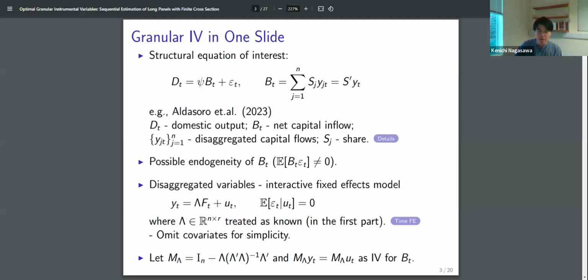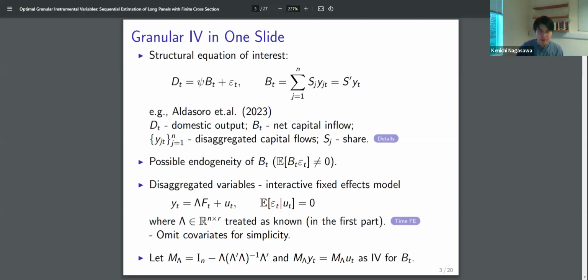Instead, what we do is to use the observed disaggregated variables to extract the idiosyncratic shocks. And as I already said, we assume the factor loadings are known. If you know the factor loadings, lambda, then what you can do is to project disaggregated capitals onto the orthogonal complement of the span of lambda. So this M lambda matrix represents the projection matrix that projects a random variable to the orthogonal complement of the span of lambda.